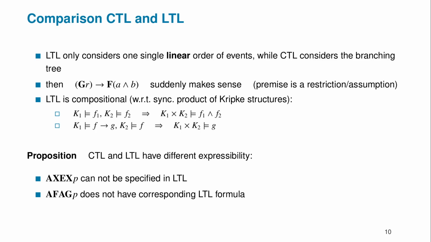While in CTL, the situation is more dynamic. At each state, we can decide which branch we take if we are at a branching point. So in some sense, the future is less predetermined in CTL than it is in LTL.